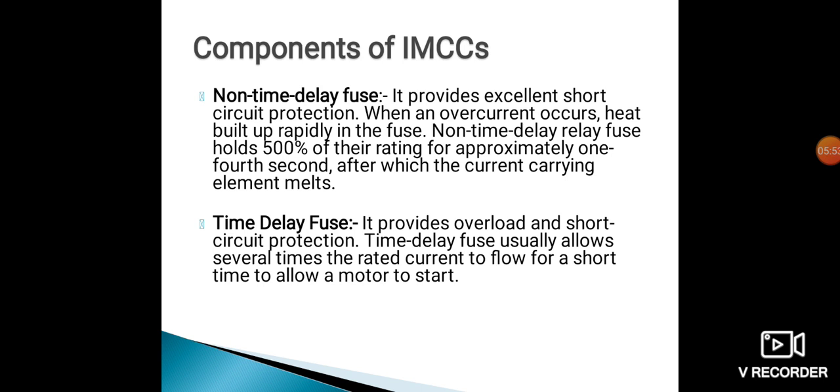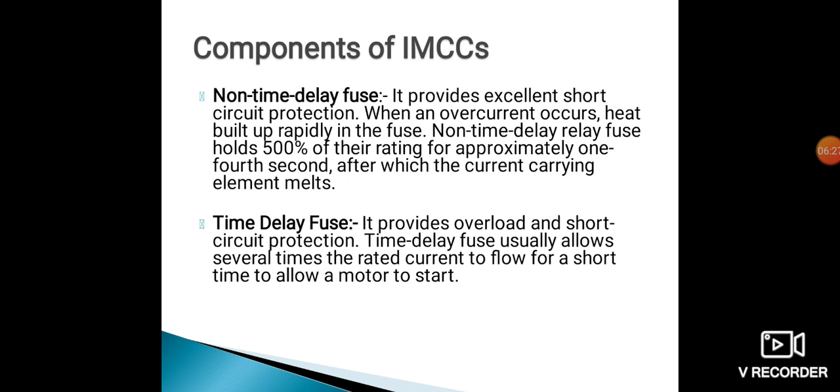When an overcurrent occurs, heat builds up rapidly in the fuse. A no time delay fuse usually holds 500% of the rating for approximately 1/4 second, after which the current carrying element melts. This means that these fuses should not be used in a motor circuit which often has inrush current greater than 500%.